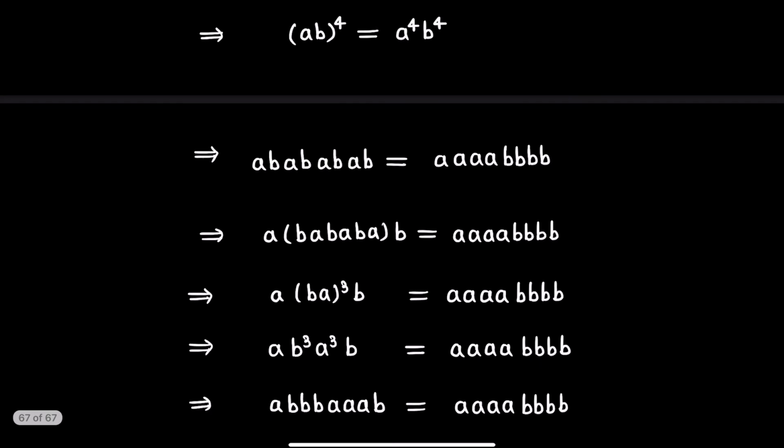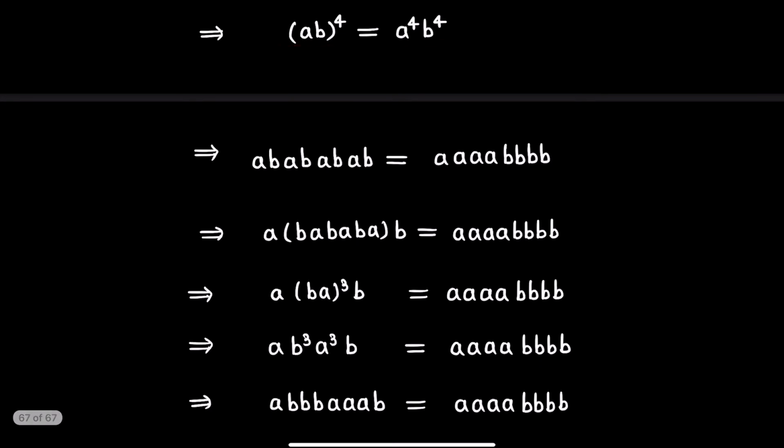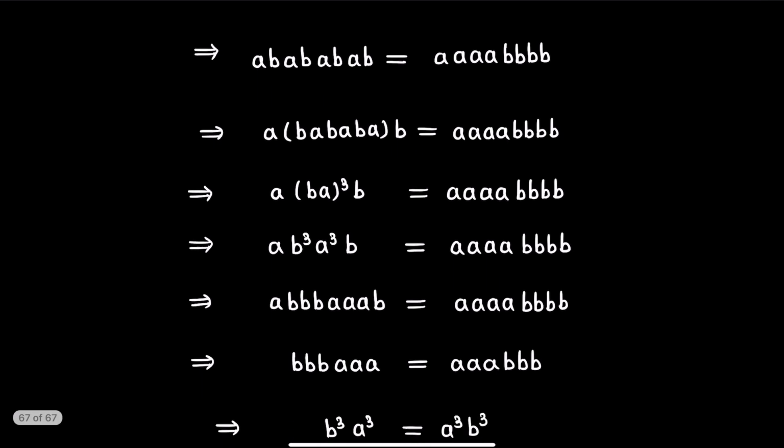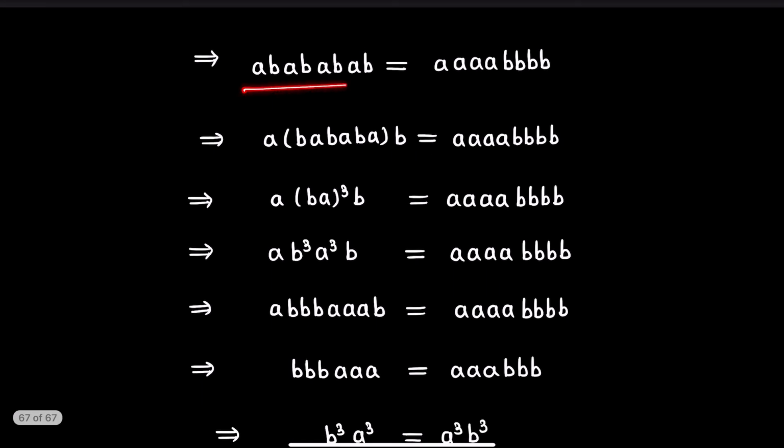Now again this can be written as abababab, 4 times, and a^4 will be a 4 times and b^4 will be b 4 times. Now again rewriting LHS in this form, RHS as it is. Now (ba)(ba)(ba), 3 times, can be written as (ba)^3, ab as it is, and RHS as it is. Now again (ba)^3 will be b^3 a^3 from the condition given in the question.